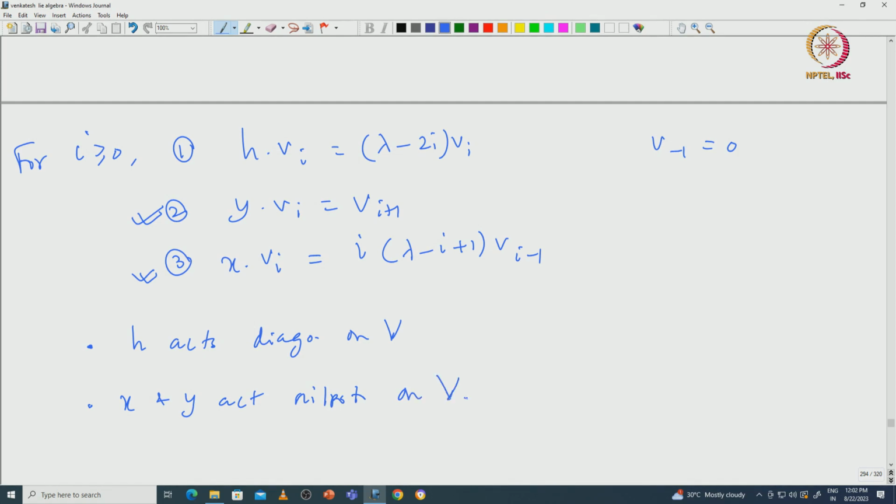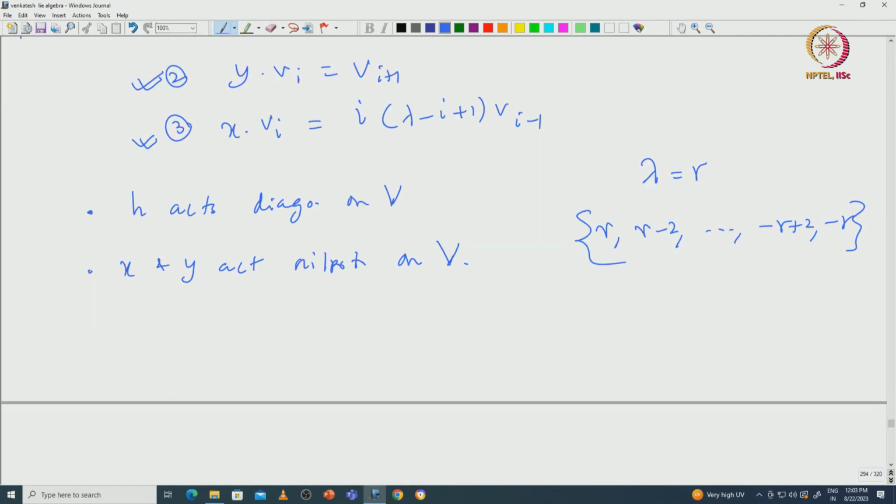Okay. So, observations: H acts semisimply or diagonally on capital V, and X and Y both act nilpotently on capital V. Not only that, this lambda has to be R, and all the eigenvalues must be R, R minus 2, etc., minus R plus 2, minus R. So, these are all the eigenvalues, and the corresponding eigenspaces must be one dimensional, that is what we saw.